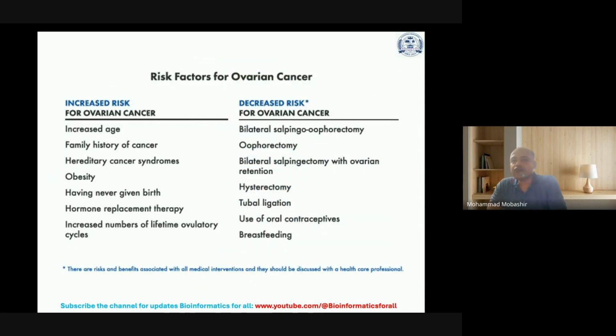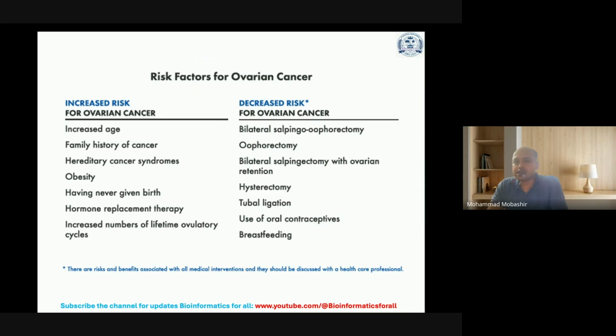Now, the risk factors in increased risk and decreased risk can be classified in two groups. In terms of increased risk for ovarian cancer: increased age, family history of cancer, hereditary cancer syndromes, obesity, having never given birth, hormone replacement therapy, increased number of lifetime ovulatory cycles.